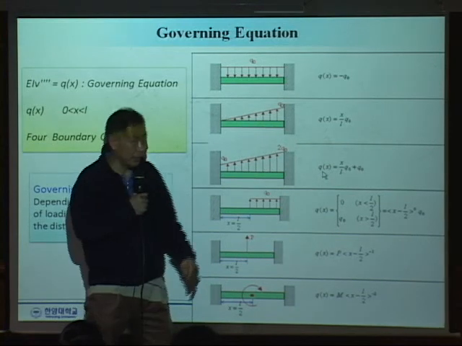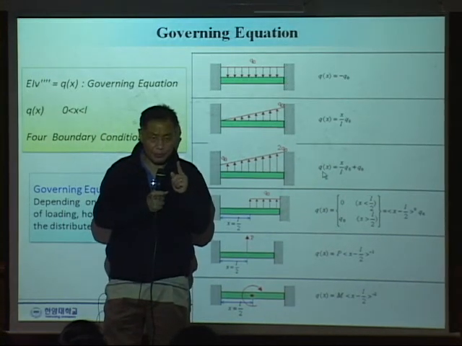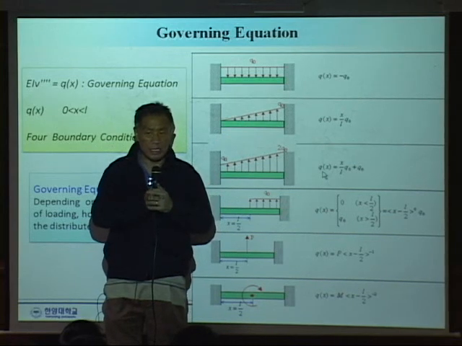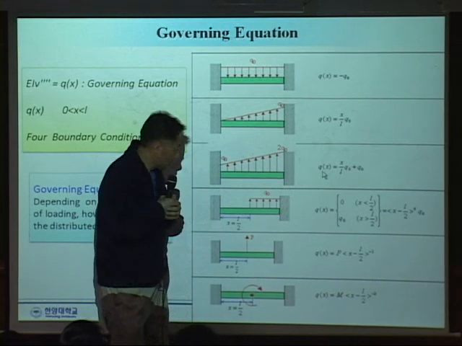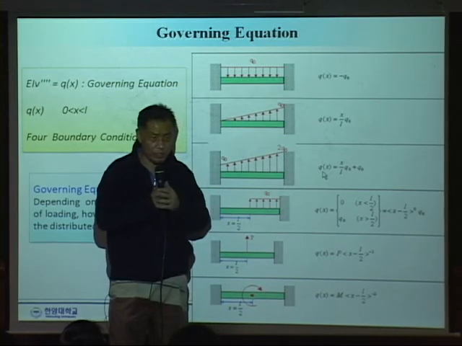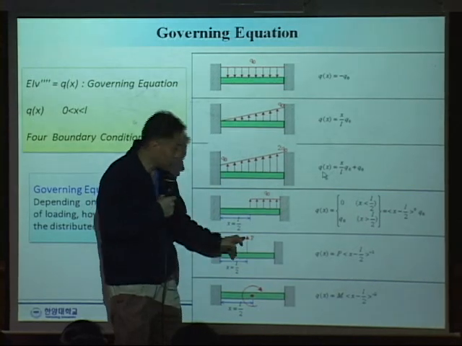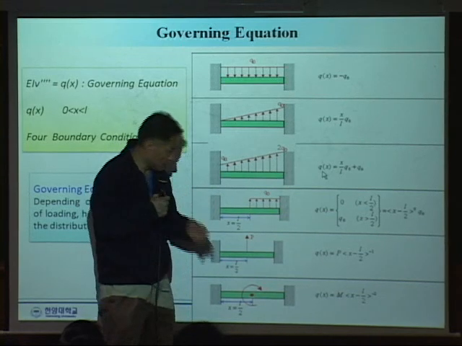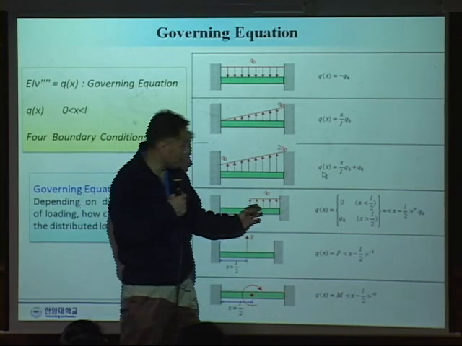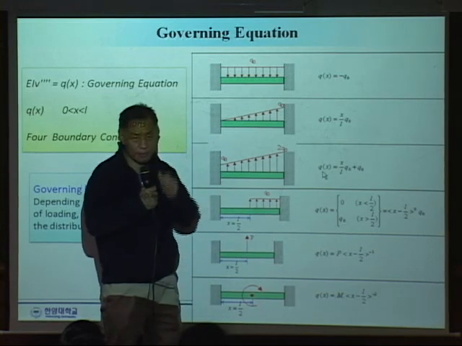Now, here is the key part. This kind of continuous distribution is easy. But how about this kind of discontinuous distribution, and concentrated load and concentrated moment? How are we going to handle this kind of Qx?